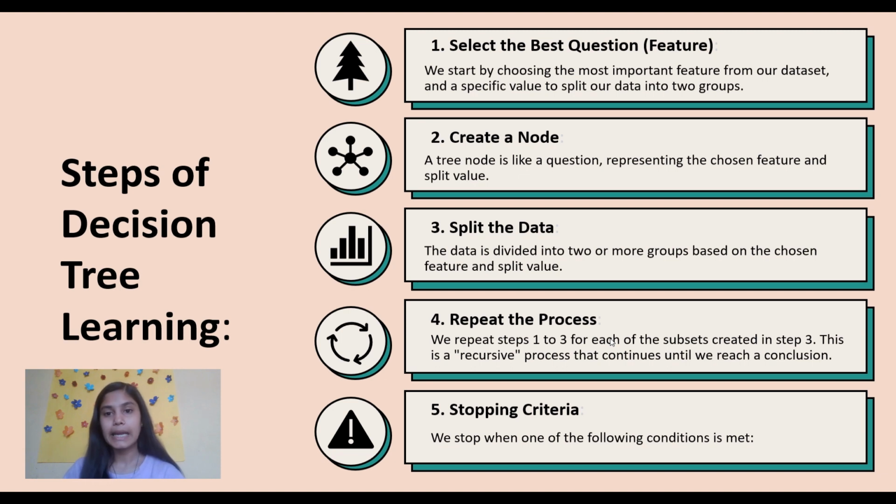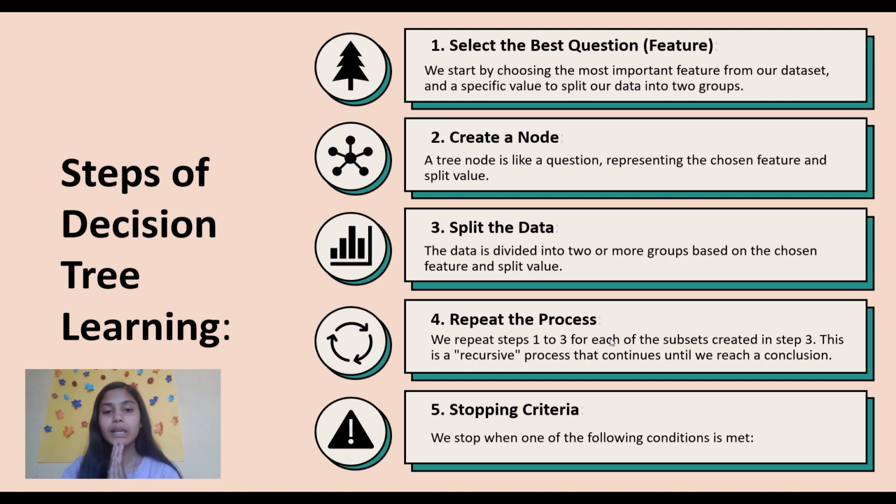Next step is creating a node. A tree node is like a question representing the chosen feature and split value. That means, according to what value are you going to split this data set, and according to what feature you want to split the data set.